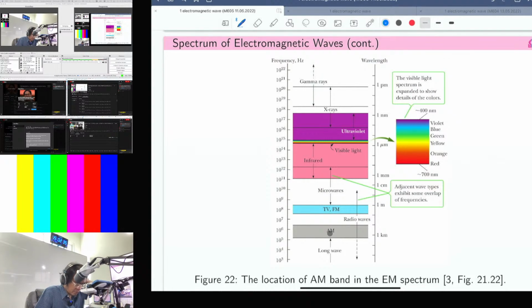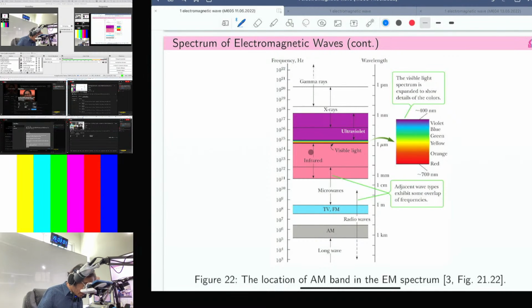Okay, the frequency is around megahertz, and the wavelength is around several hundred meters, less than 1 kilometer. So it's a little bit long, right? It's in the long region.